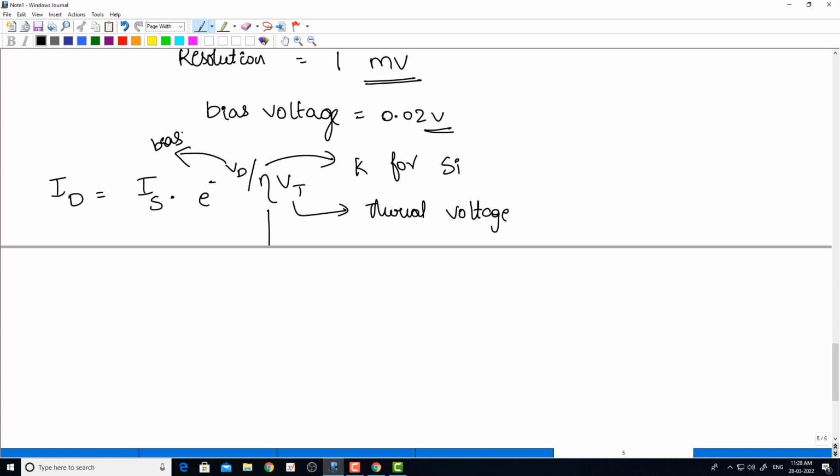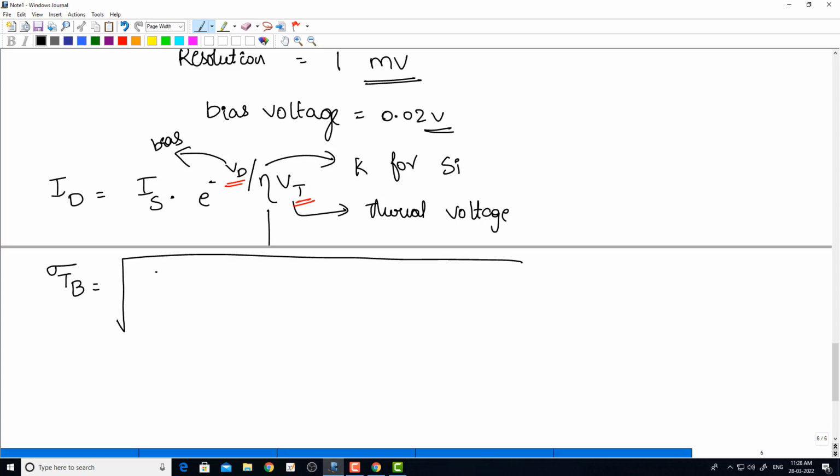Just now we discussed the percentage of uncertainty with respect to the diode current. Here the diode current depends on the bias voltage and the thermal voltage. So, we need to take partial derivatives with respect to bias voltage and thermal voltage.